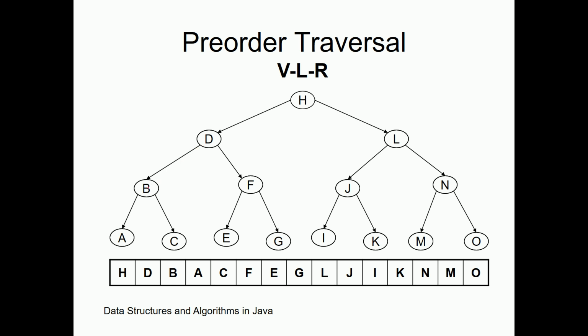H, D, B, A. So I just go up, down to the left to display them, and then once I'm here, I'm just displaying the leaves on the left side until there's no more leaves, and then I just go back to the ones that are next to it.